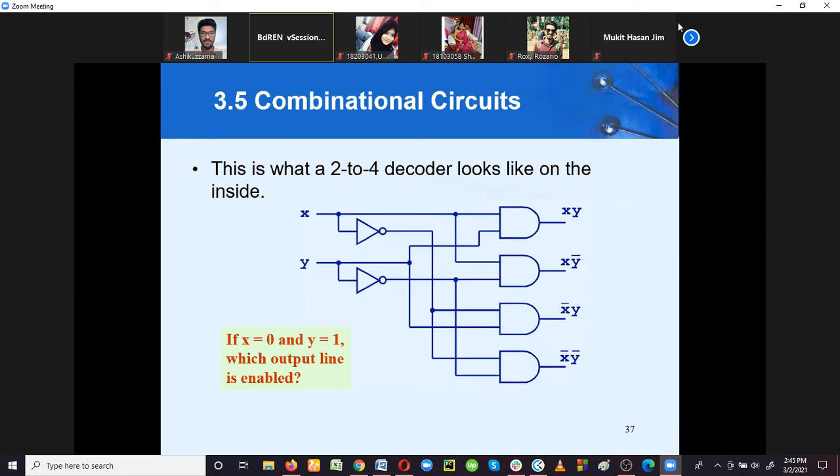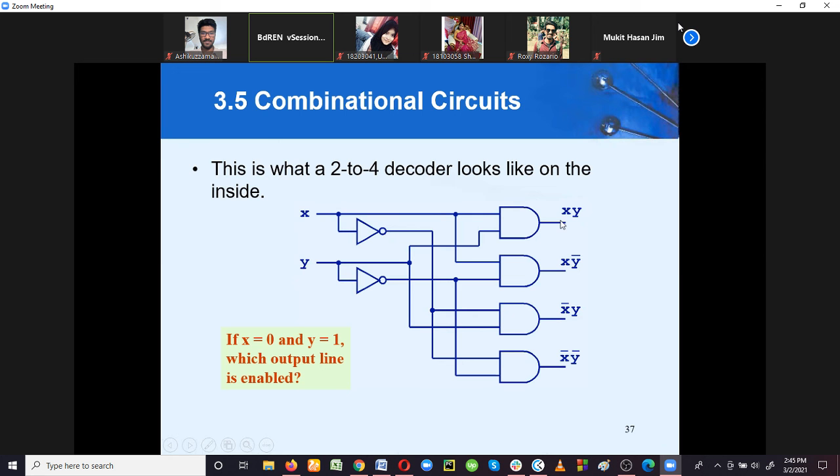Now observe, if x equal to 0 and y equal to 1, you will find out for each and every line what the output will be. What will be the first AND gate output?